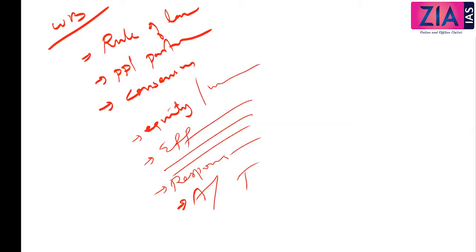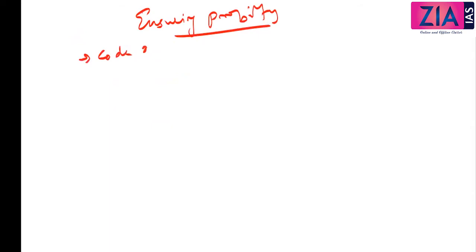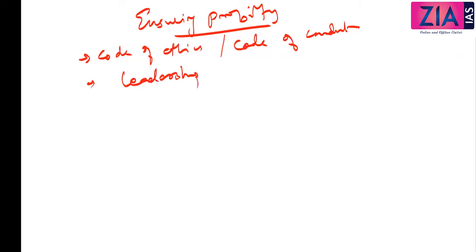Okay. Now, what all things otherwise in general can be done to ensure probity? Code of ethics and code of conduct. There is a difference between both of these. We have discussed that. Leadership, proper leadership, and the public servant has to lead from the front.